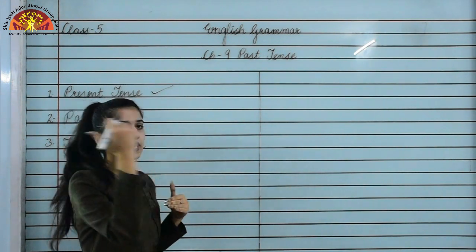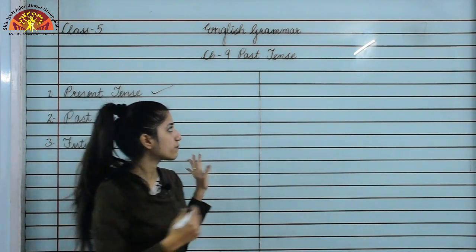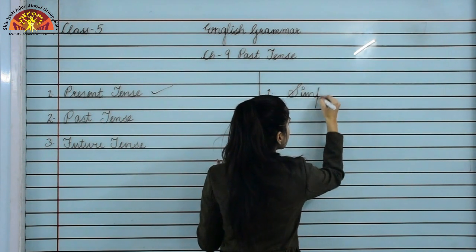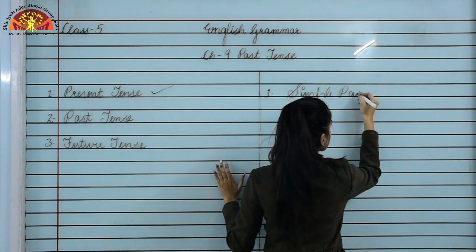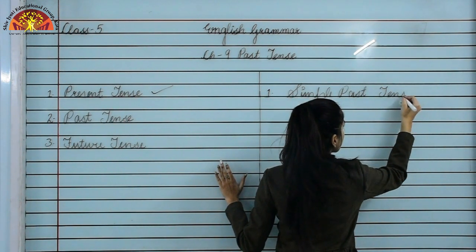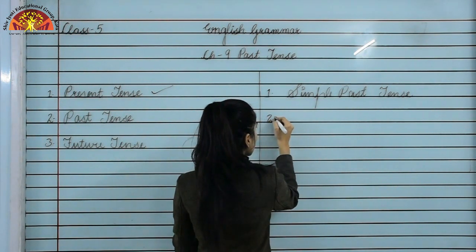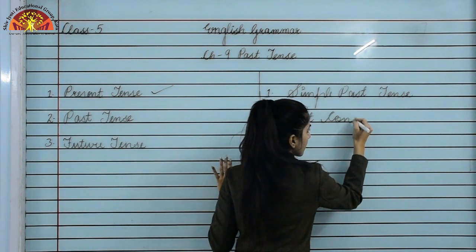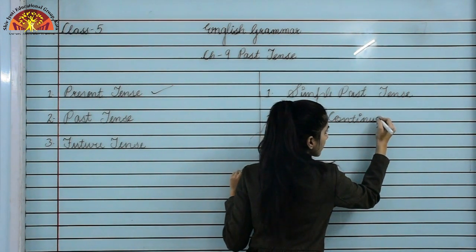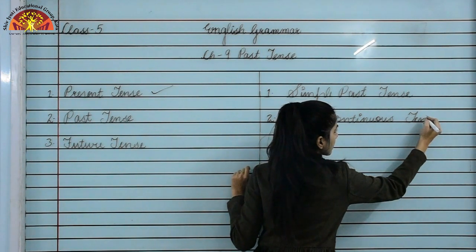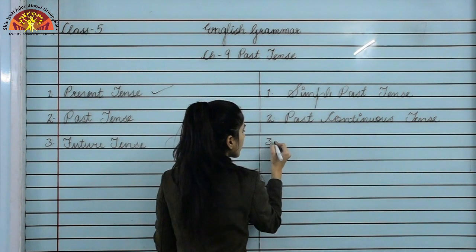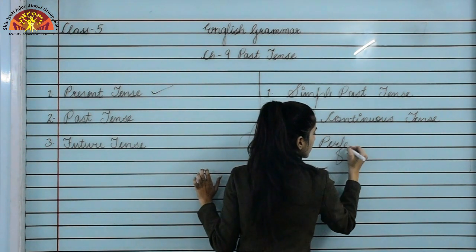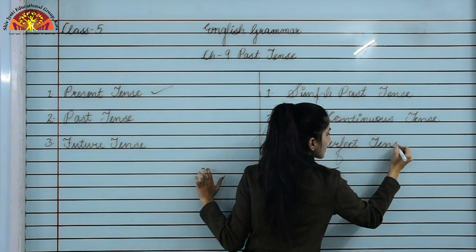We have 3 divisions of that: simple past tense, past continuous tense, and the third one is past perfect tense.